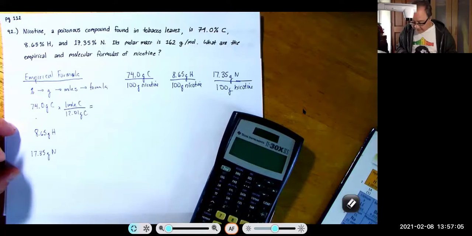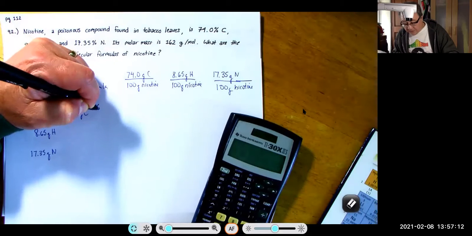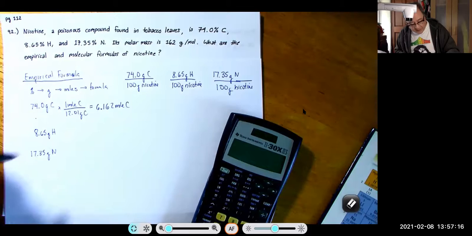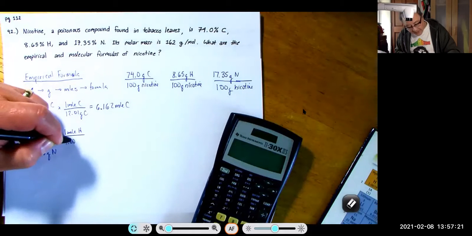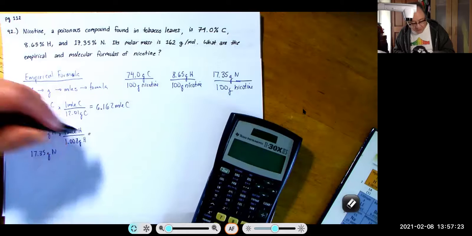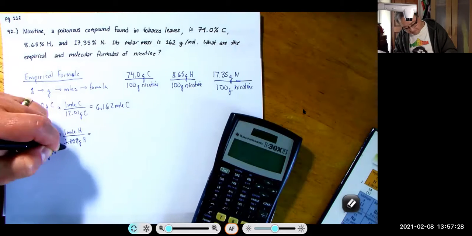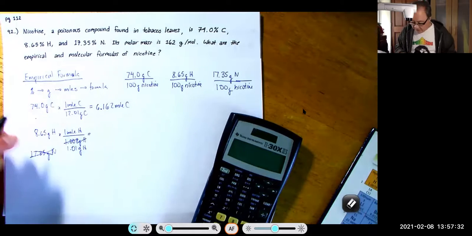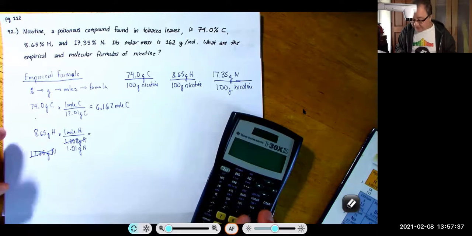So I get 74 divided by 12.01, and I get 6.162 mole of carbon. And here I'm going to do 1 mole of hydrogen per 1.008 grams of hydrogen. And I'm going to use 4 sig figs here. Actually, I'm going to use 1.01. So 8.65 divided by 1.01 better come out close to 8.65. Agreed?